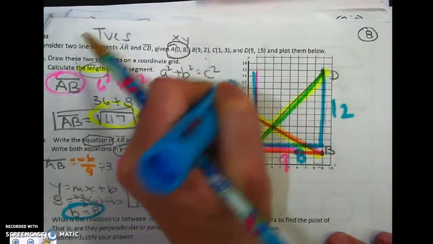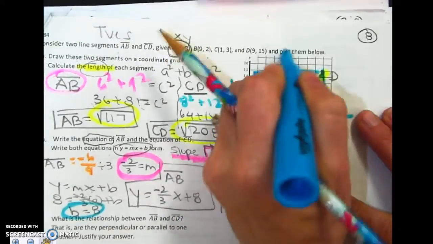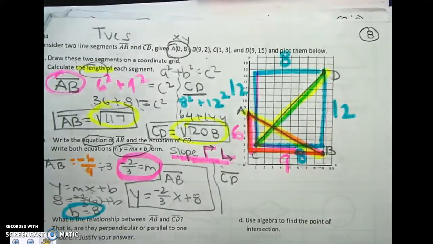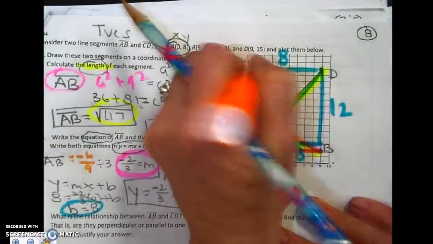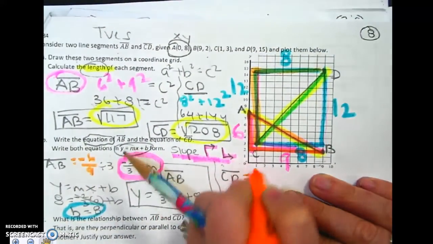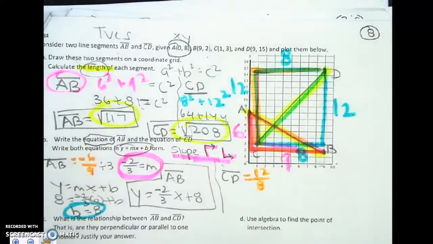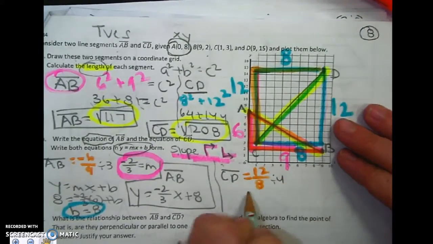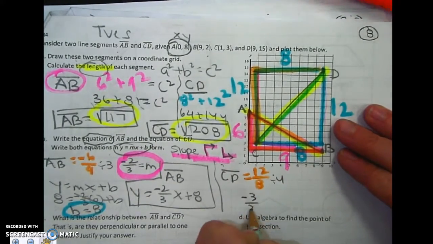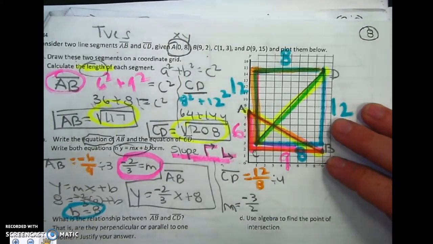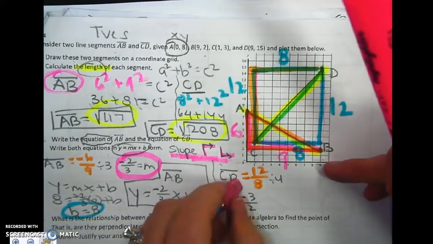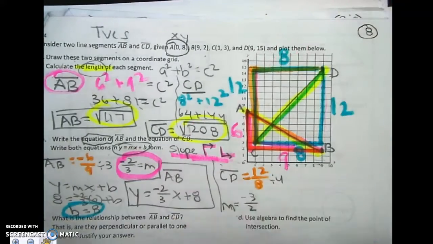And right 8. So this means I'm going up 12, right 8, divide by 4, negative 3 halves. That's my m. Oops, positive, just kidding, sorry. Positive 3 halves.